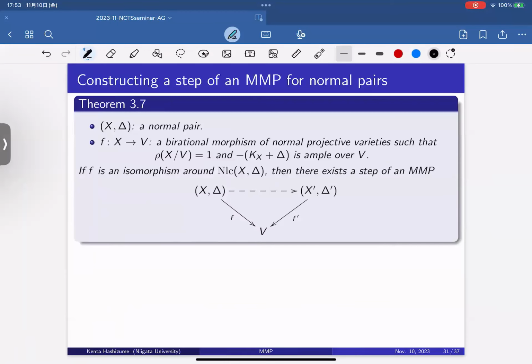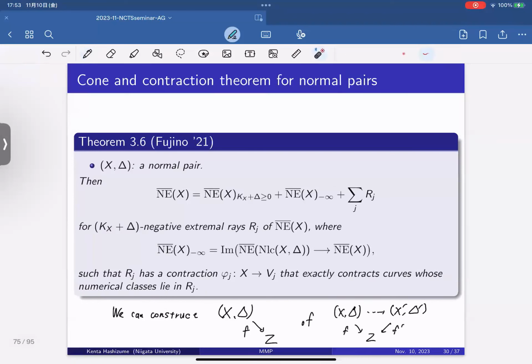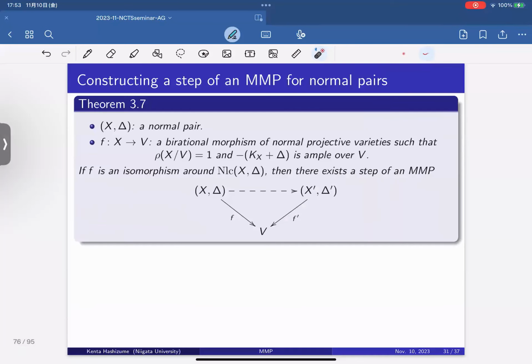Okay, and by using this theorem, we can construct the whole diagram of a step of an MMP.